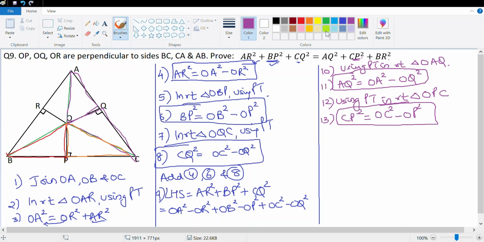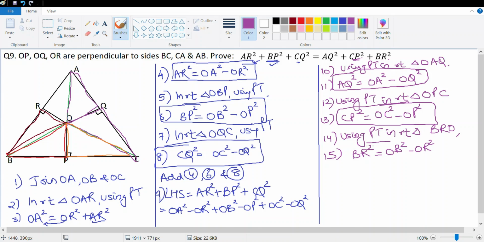And the third element is BR. So BR is a part of which triangle? BR is a part of right triangle BRO. Done. So point number 14, using Pythagoras theorem in right triangle BRO, we get BR square is equal to OB square minus OR square.